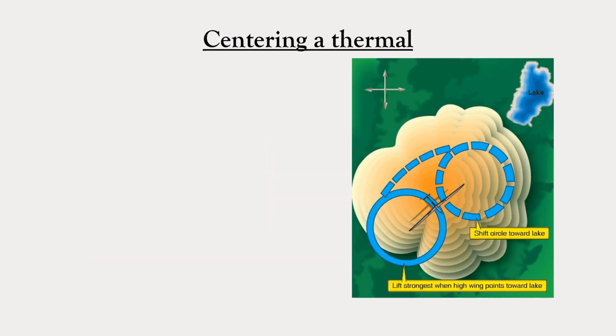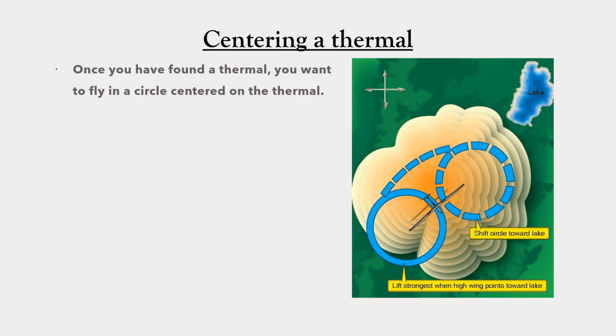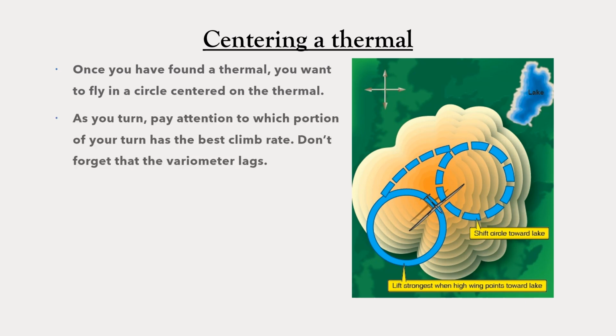Once we've found a thermal, our goal is to circle in that thermal, and we want to circle on the center of the thermal so that we will spend as much time as possible in a strong updraft part of the thermal. The first step is to figure out where the center of the thermal is compared to where you are.